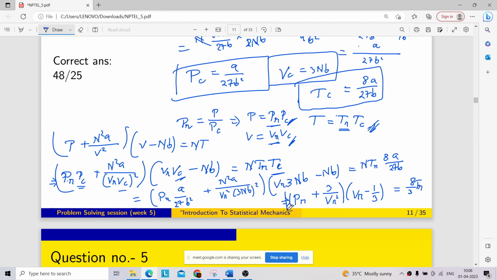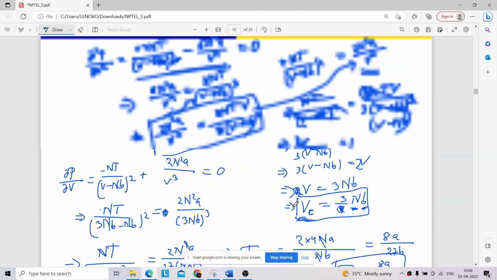Right. This is the van der Waals equation in terms of reduced parameters. So we are given these values. We are given VR and TR. We need to find PR. So let's check once again.